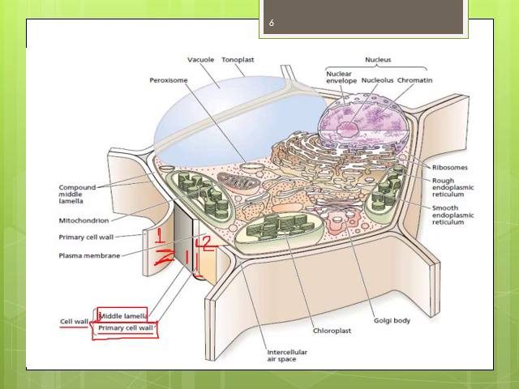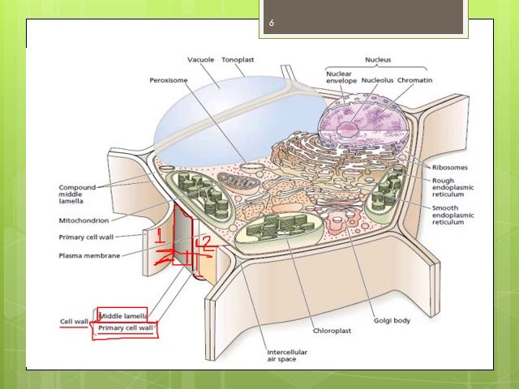In between cell number 1 and cell number 2, here we have a black or gray shaded layer, and that layer is called the middle lamella. It helps to attach cells to each other, and majorly this middle lamella is composed of calcium pectate.